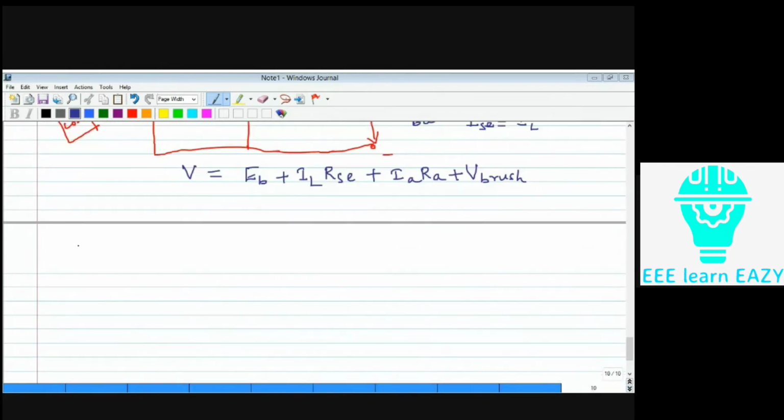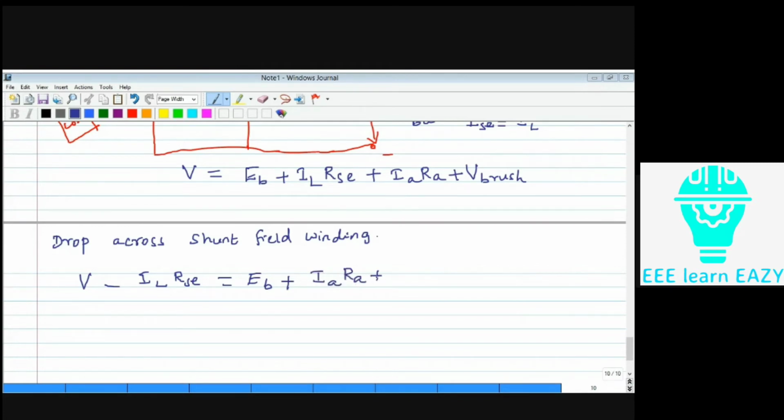So the drop across the shunt field winding we can write as V minus IL R series. That will be equal to, from the previous equation, EB plus IARA plus V brush.